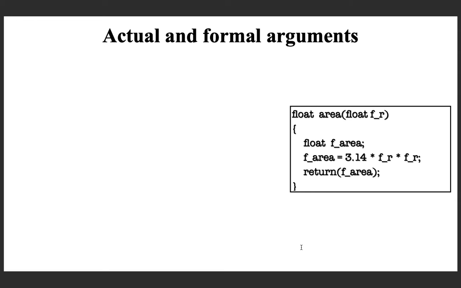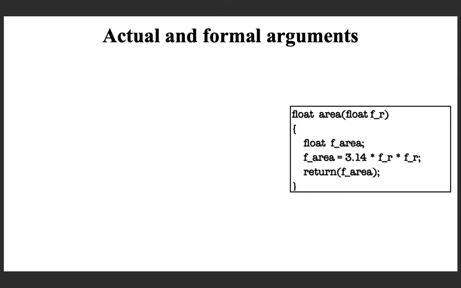Here we have a function named area which is returning a real value using the type float, and it is also receiving an argument which is a floating point variable r, and in fact this is a function to find the area of a circle.